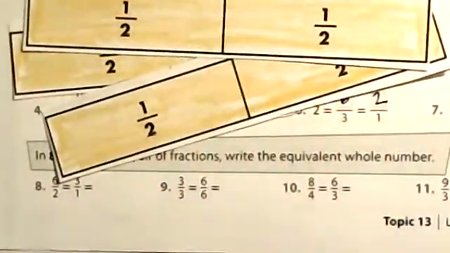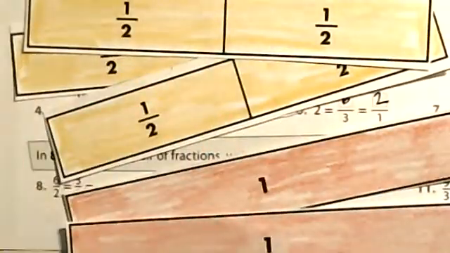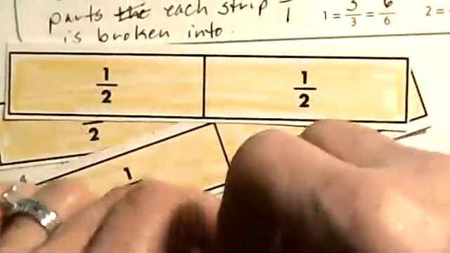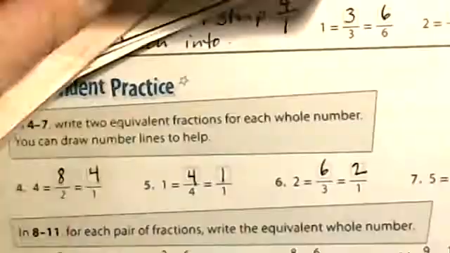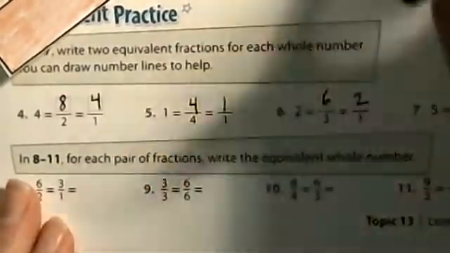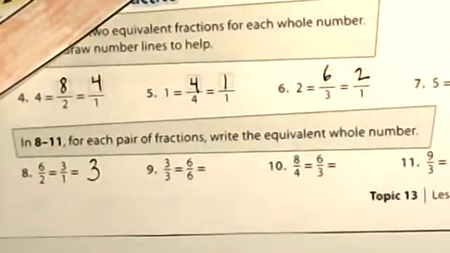That's right. It's 3 wholes. Or 3 over 1, that's meaning 1, 2, 3. That's equal to 3 wholes. That's what whole number it's equal to. So 6 halves, 3 over 1 is equal to 3 wholes.